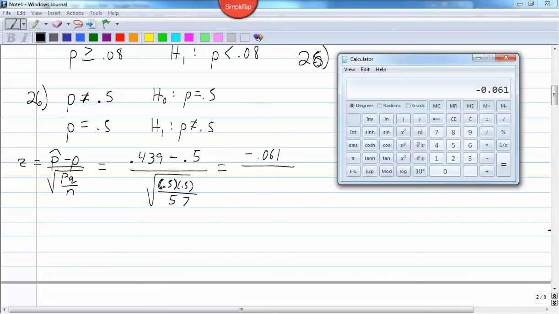That's going to give me some crazy decimals, so I'm going to write it down. 0.5 times 0.5 divided by 57. So crazy long decimal, and then I've got to take the square root of that. When I write this down, just like anything else, I'm probably going to take it out a few more decimal places than I actually need to, but better safe than sorry. So 0.066226661. All right, that's good.